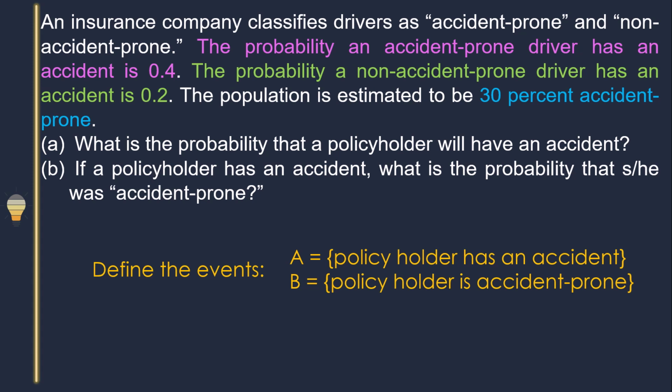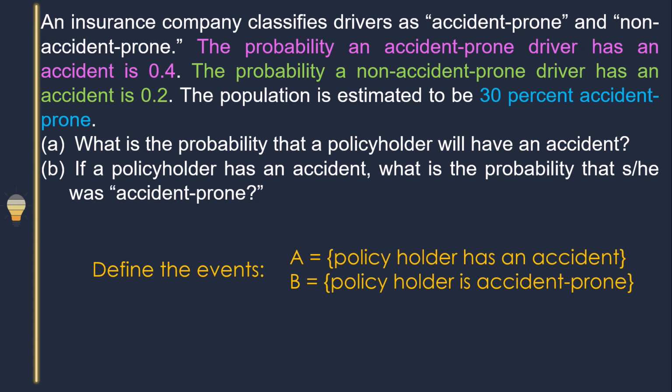Okay, now let me write down the given information. The probability an accident prone driver has an accident is 0.4. Here is the probability of having an accident, but they talk about one group, the accident prone driver group.